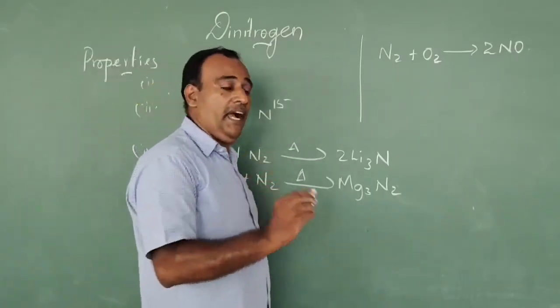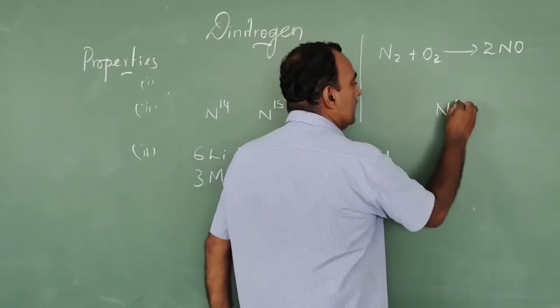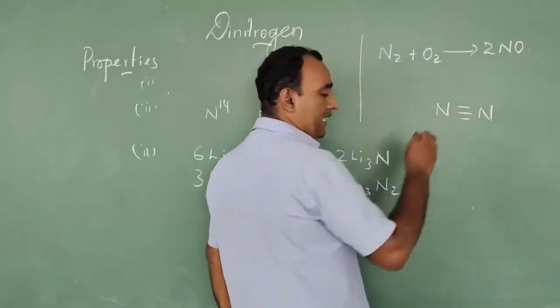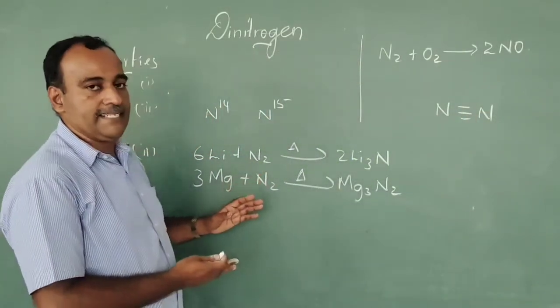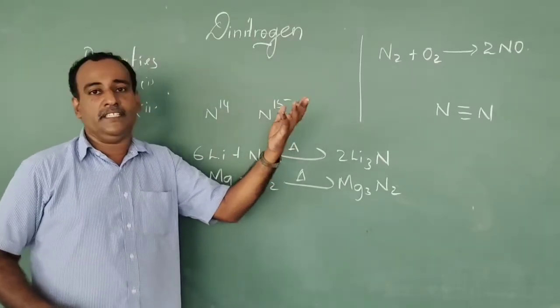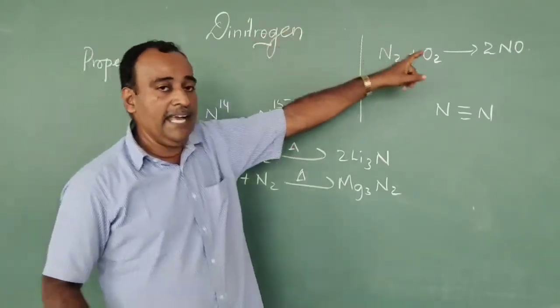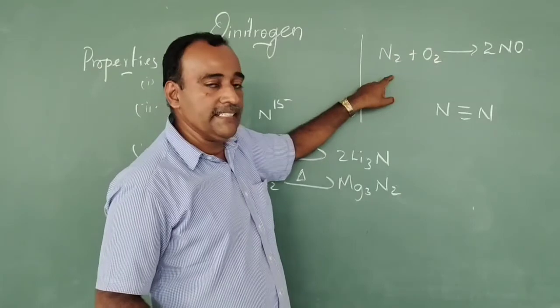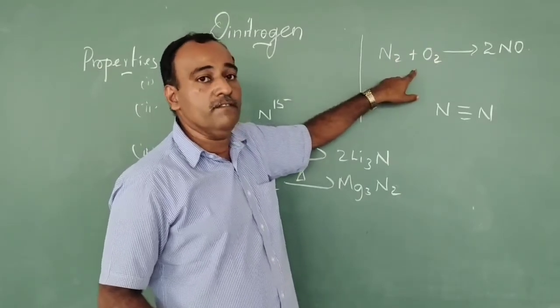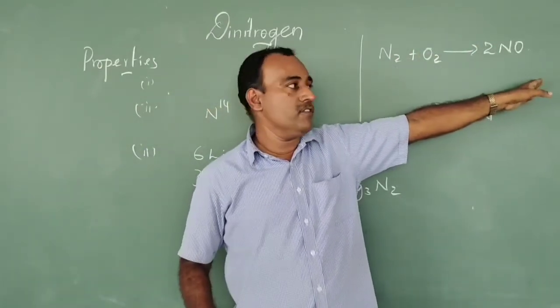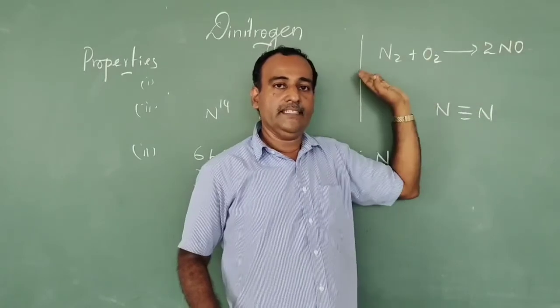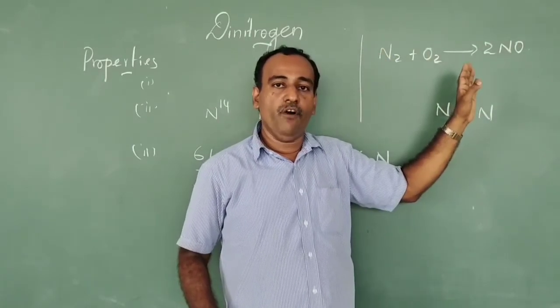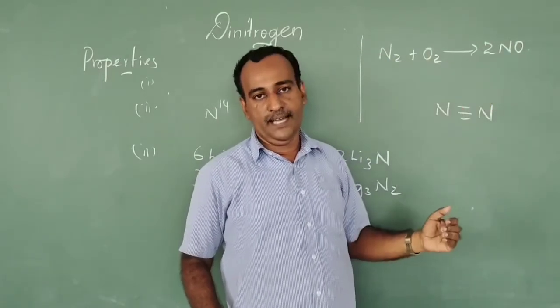Because of the very high bond dissociation enthalpy of the N triple bond N. So all these reactions take place at elevated temperature. At very high temperature, nitrogen reacts with oxygen forming nitric oxide.